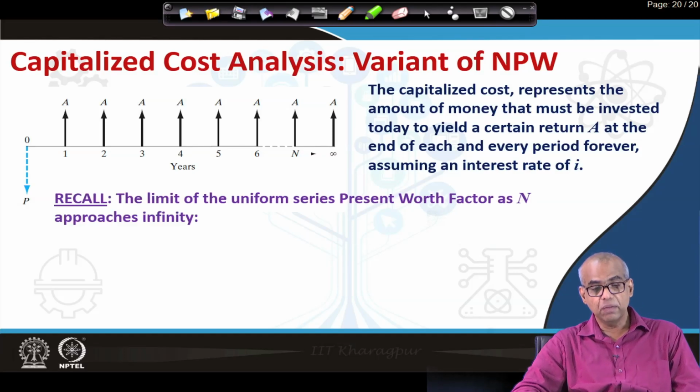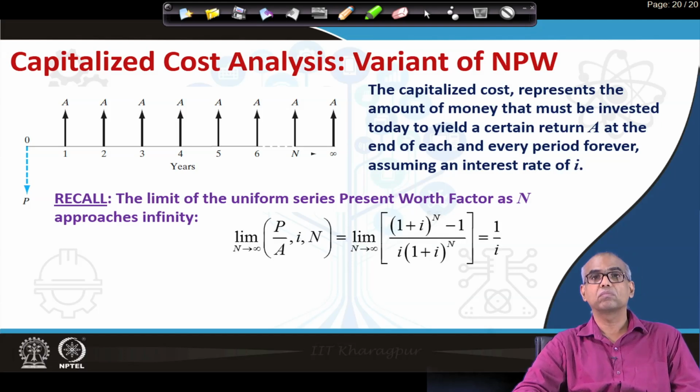So, let us first find out the limit of the uniform series present worth factor as n approaches infinity.